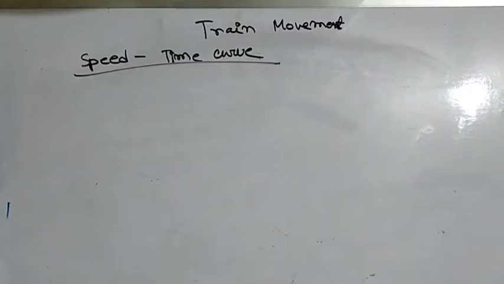Now, a speed time curve is a graph showing the variation of speed as a function of time.